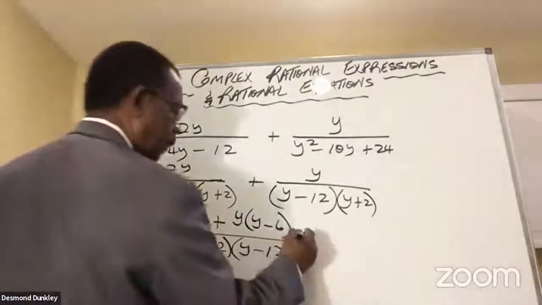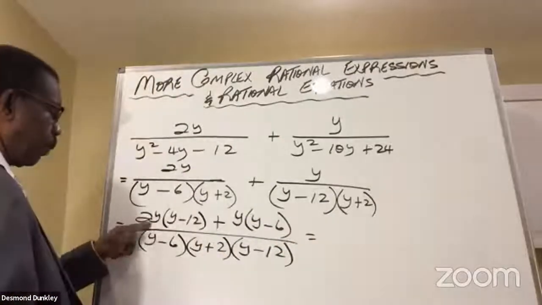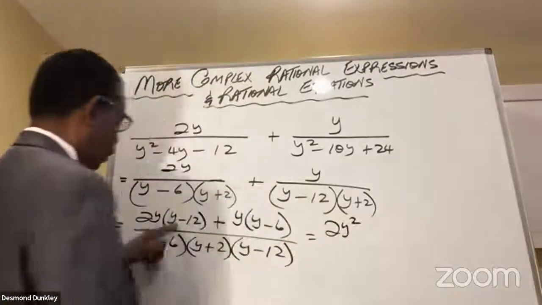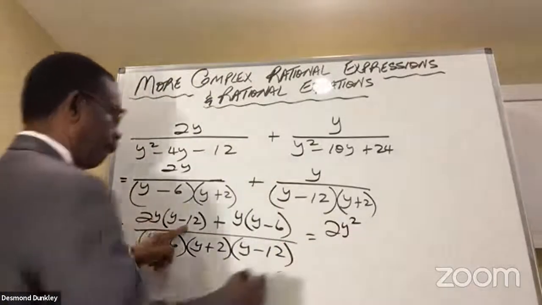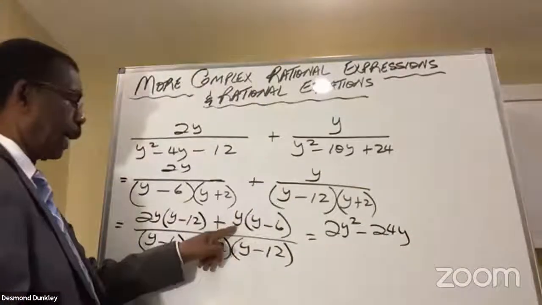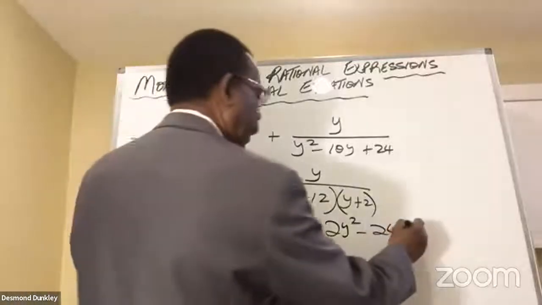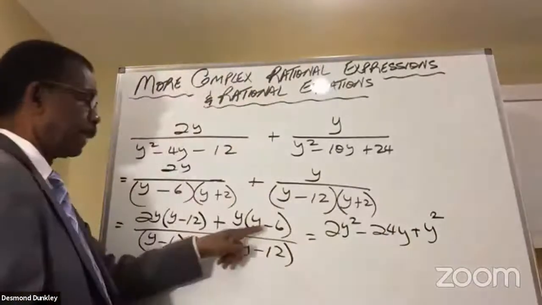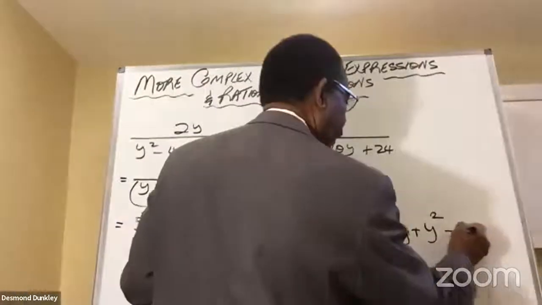So let's go. This is going to be 2y times y, 2y squared. 2y times negative 12, negative 24y. y times y, y squared. y times negative 6, negative 6y.